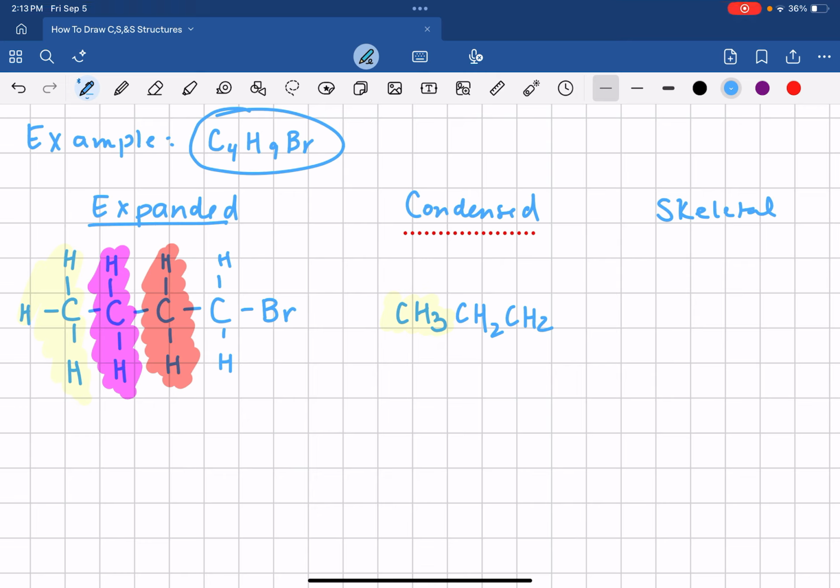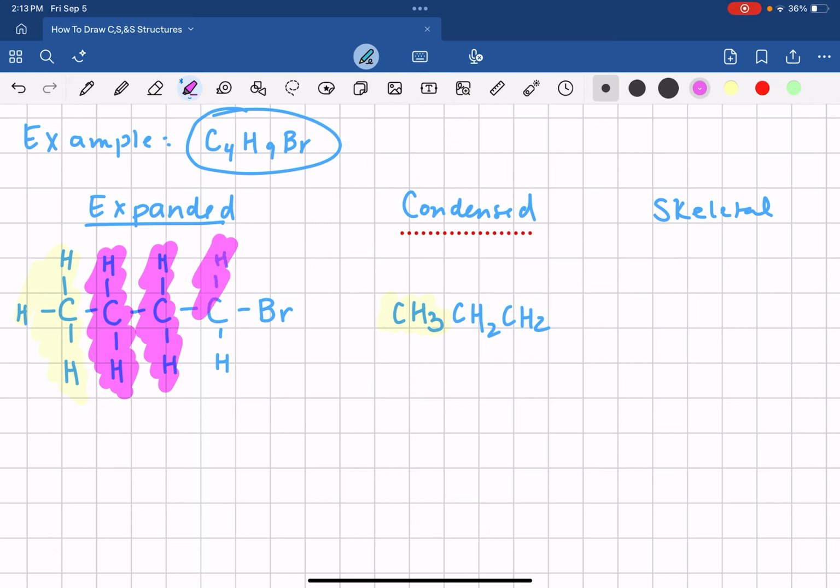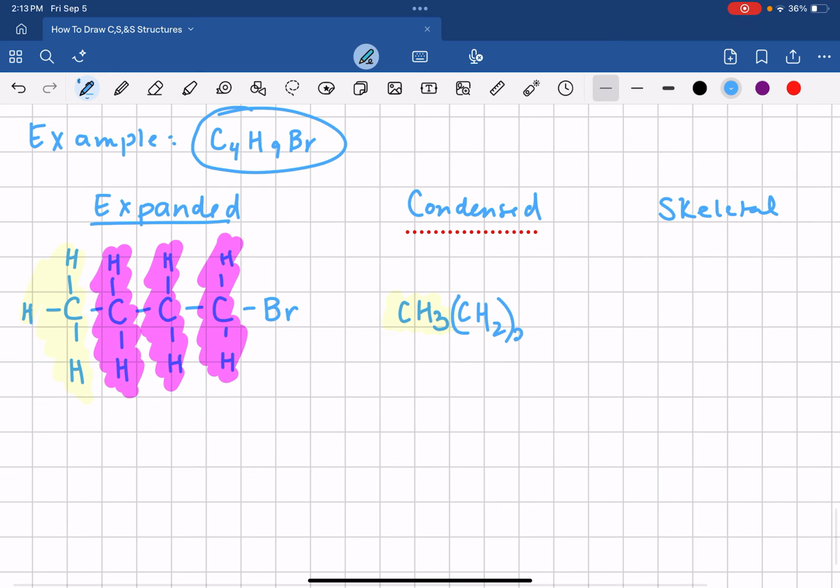And then, there are 3 CH2s. Because they're all the same, CH2, CH2, CH2, I'm simply going to write it with parentheses and a 3 to make it quicker. And then lastly, we have a Br.